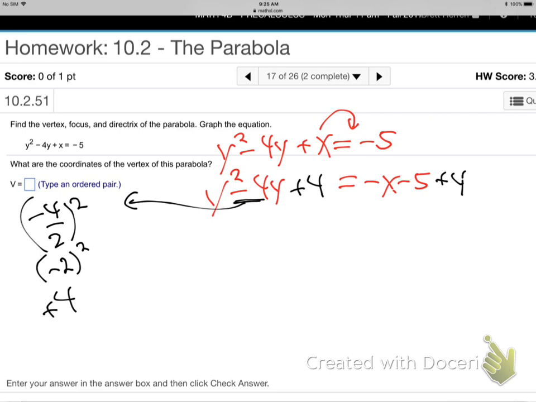On this other side, you guys get here, this is y minus 2 squared, isn't it? We good? Now, what do you do on the other? You can go slower if you want, if that's too fast.